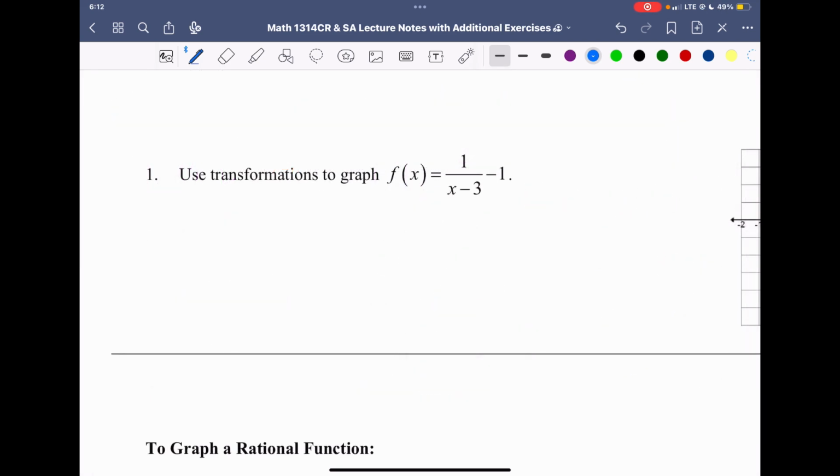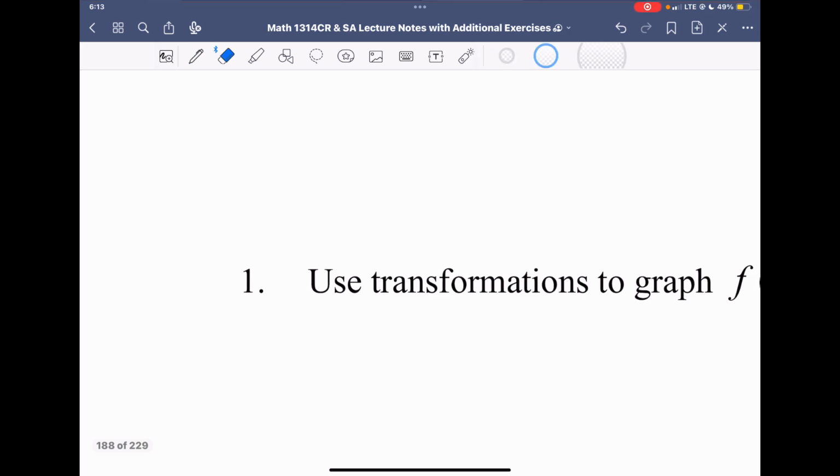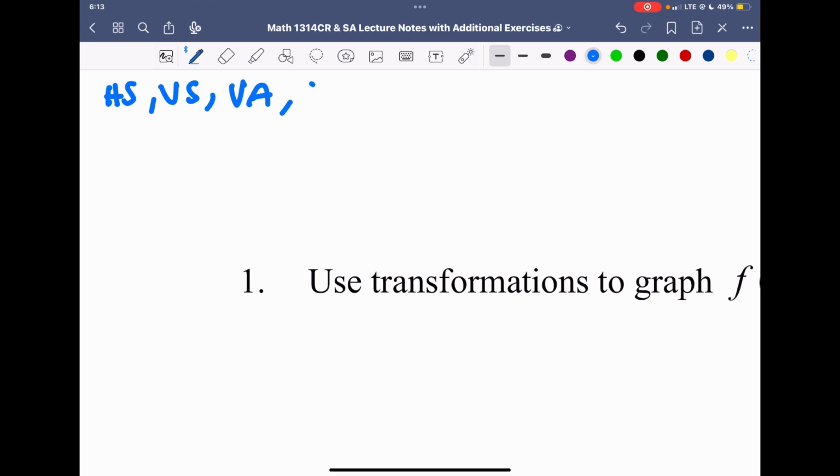To graph f of x equals 1 over x minus 3 minus 1. Okay, so the first thing we have to do here is think about what transformations we have. We have a horizontal shift. We have a vertical shift, vertical asymptote, horizontal asymptote, and then we have intercepts, right?